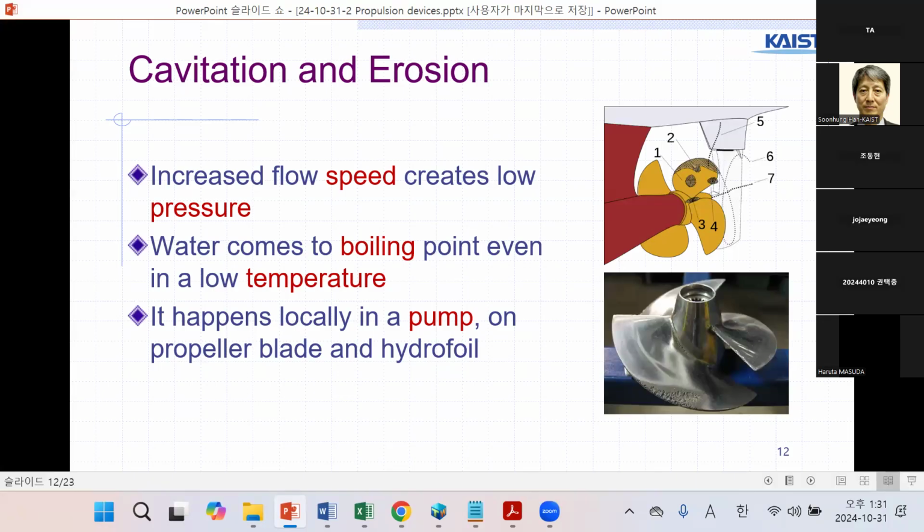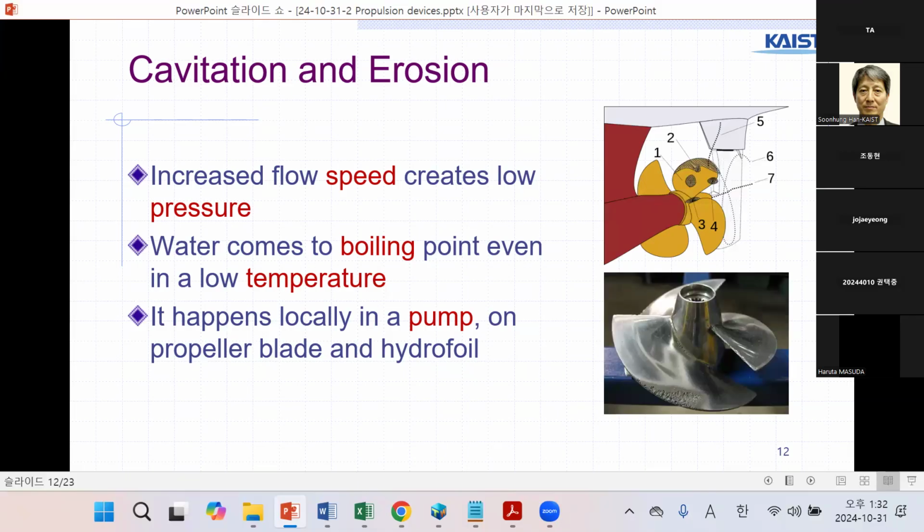When water is under low pressure, it boils earlier than 100 degrees. And then the propeller is rotating, so the pressure is not the same when the blade is here and here. The pressure is fluctuating, changing, so that the cavity is formed and disappeared and formed and disappeared.